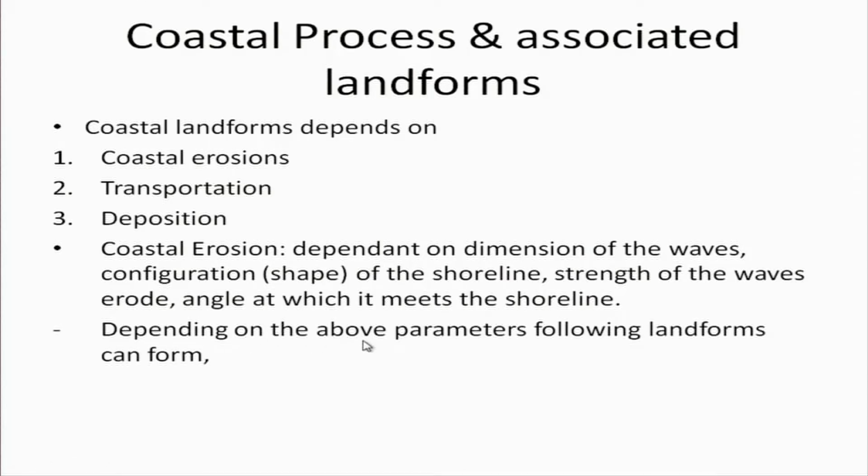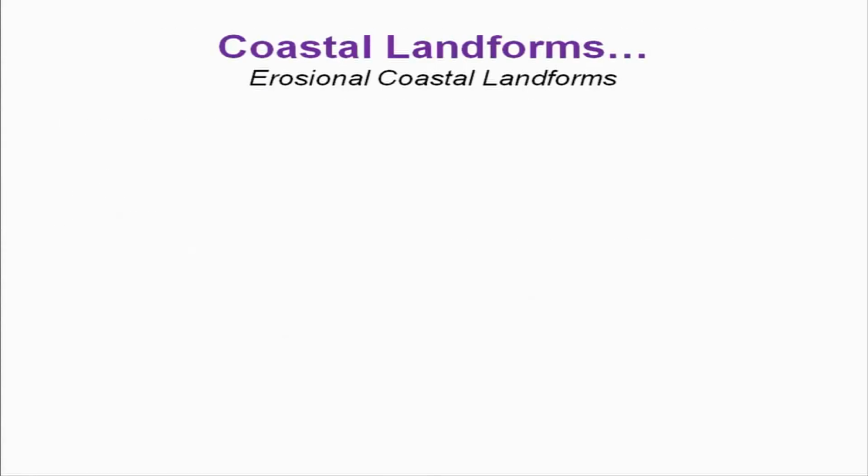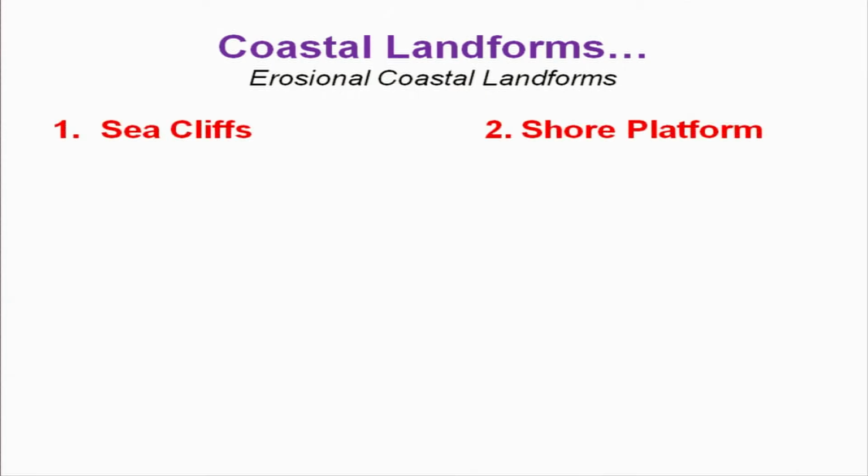Depending on the above parameters, the following landforms can be seen: headlands, sea cliffs, natural bridges, sea stacks, and tombolos. So let's see a few examples of erosional coastal landforms.